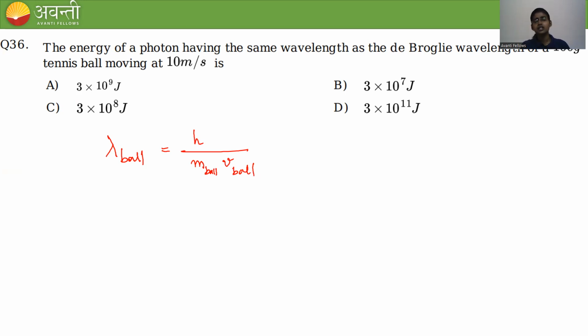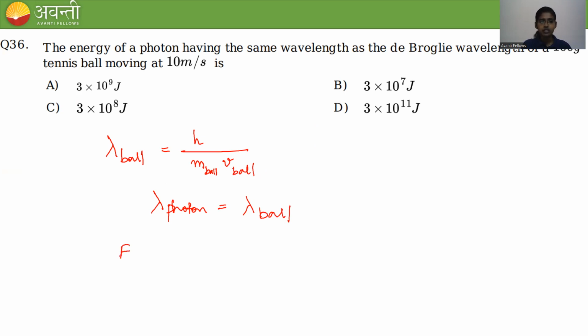The photon has the same wavelength as that of the ball. So what does this represent? The lambda of the photon is equal to the wavelength lambda of the ball.